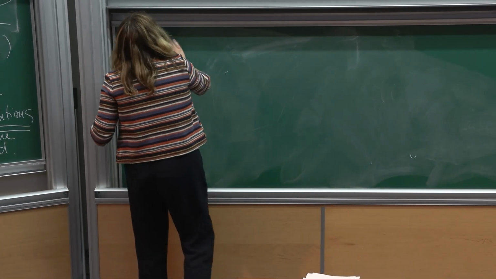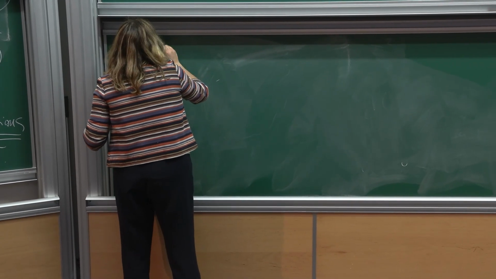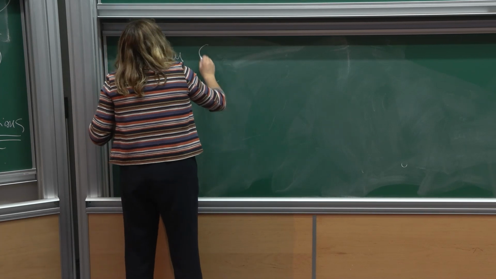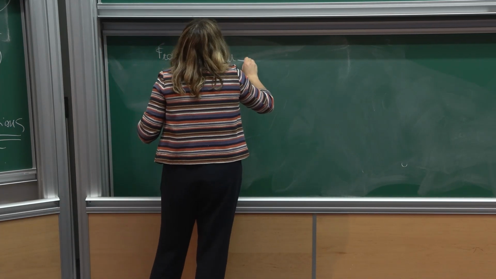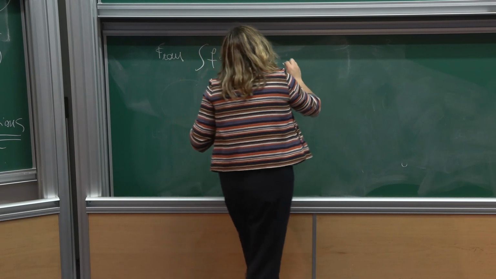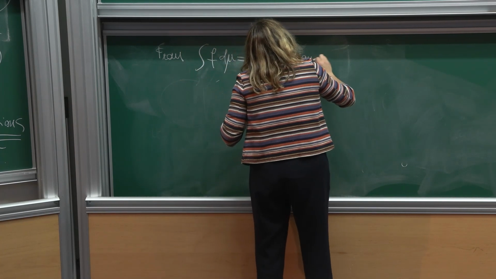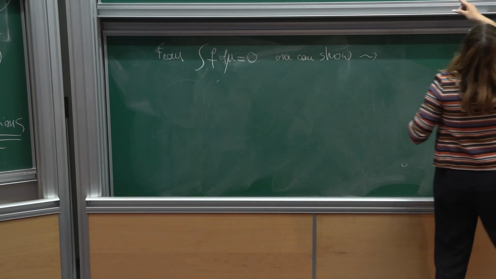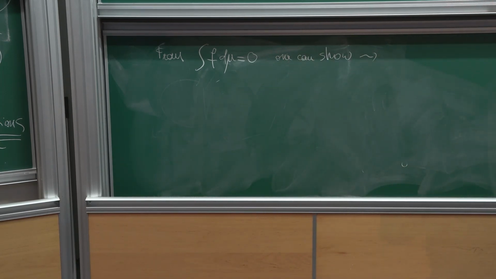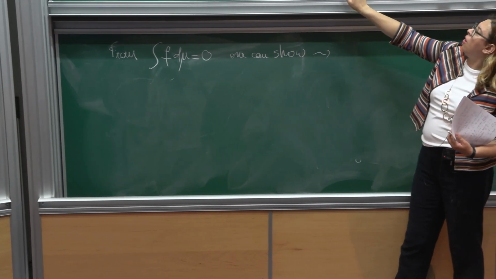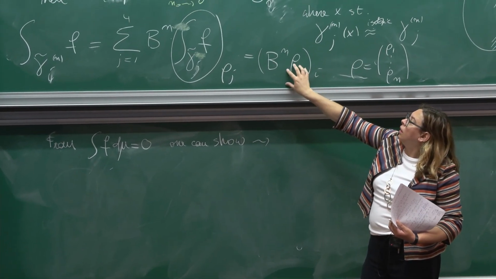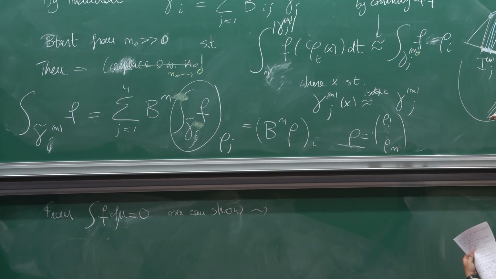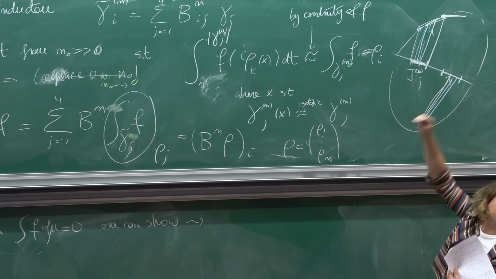Then again, it's a fact. Maybe one can show, from the assumption that the integral of the function is equal to 0, that now I basically want to understand how this Bn of rho grows. And rho is some kind of integrals of the function up to some returns.